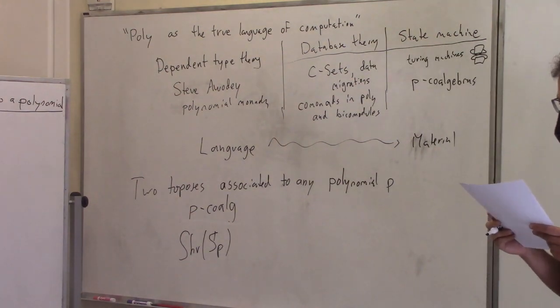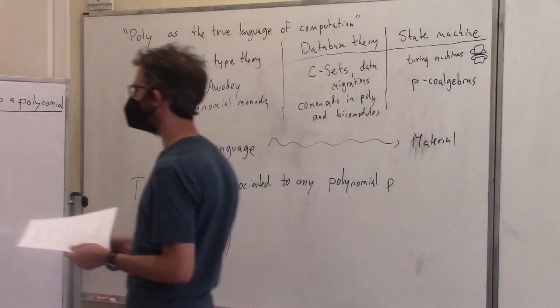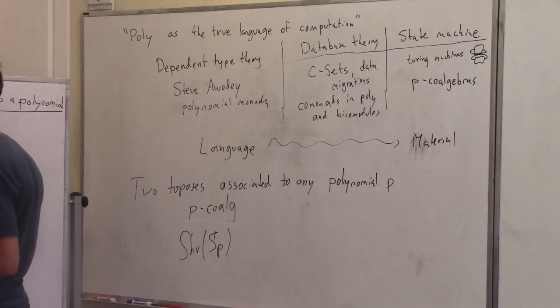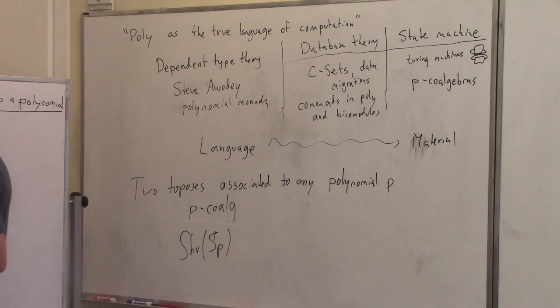Okay, so the plan for the talk, I'm just going to leave this on the board in case I need to refer to it. I'll tell you some background about polynomial functors and what one is. I'll tell you what a comonad is, and a coalgebra, and a monad, and an algebra, and the free one, and the cofree one, and all sorts of stuff about those.